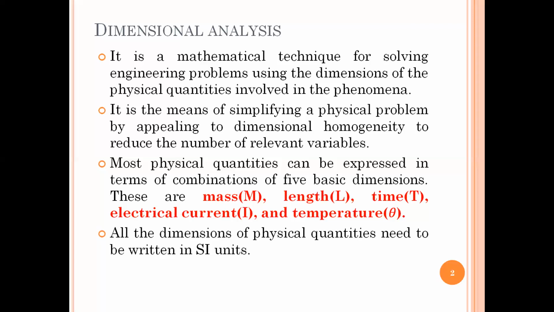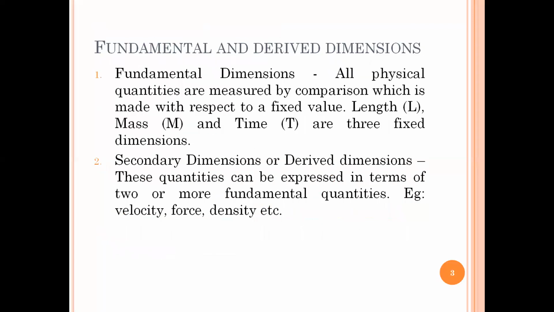Whenever heat is involved, we do have the temperature aspect. All the dimensions of physical quantities are written in SI units. But if an equation is dimensionally homogeneous, the units do not matter because we are writing the dimensions, not the units.